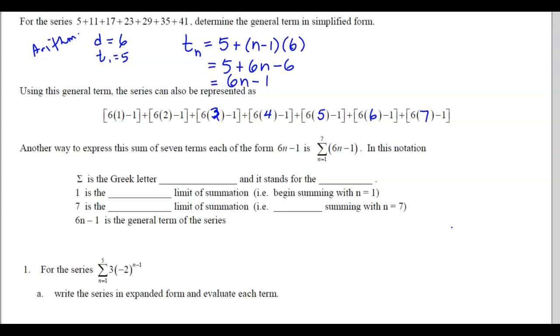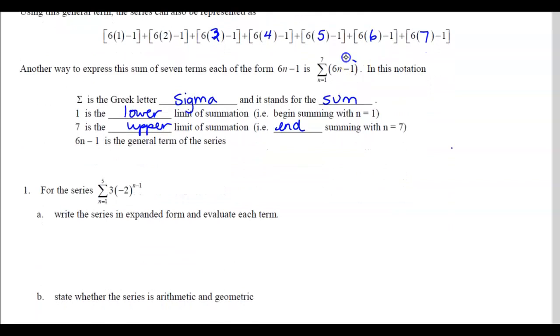So this is the Greek letter sigma, and it stands for the sum. 1 is the lower limit of summation, so it begins with n equals 1. 7 is the upper limit. And then 6n minus 1 is the general term.